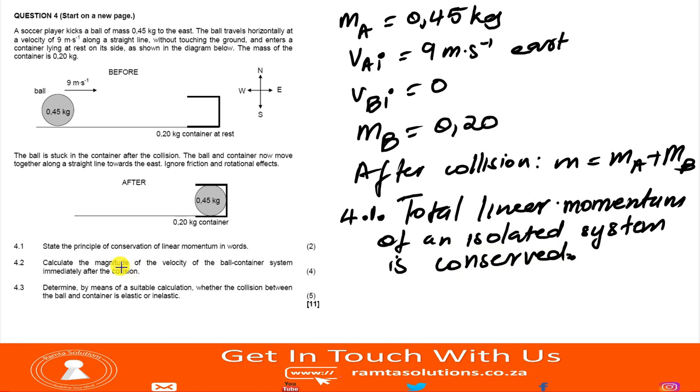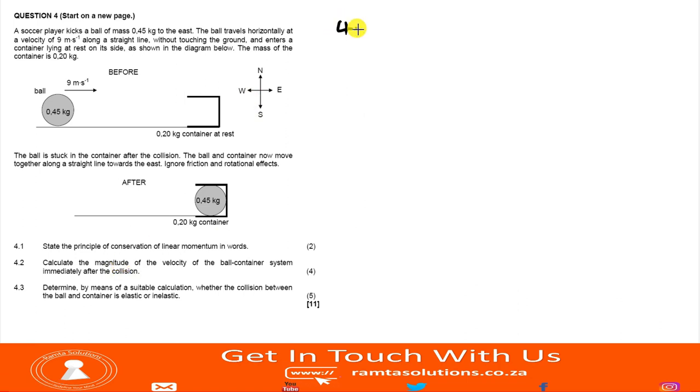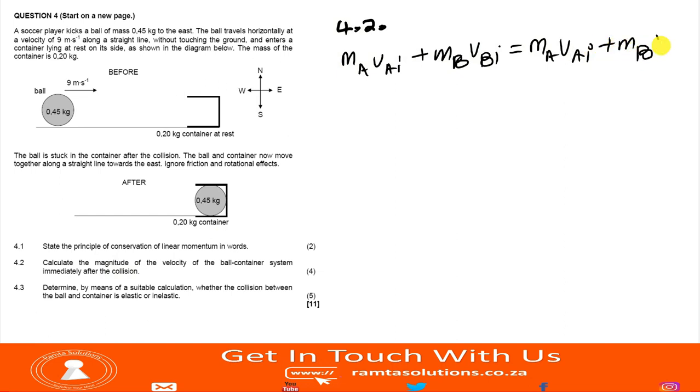Now, they say calculate the magnitude of the velocity of the ball-container system immediately after collision. Remember, I said you can write this formula as MA VAI plus MB VBI is equal to MA VAF plus MB VBF.